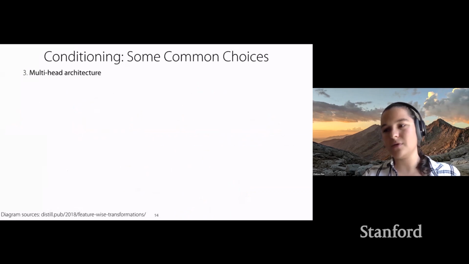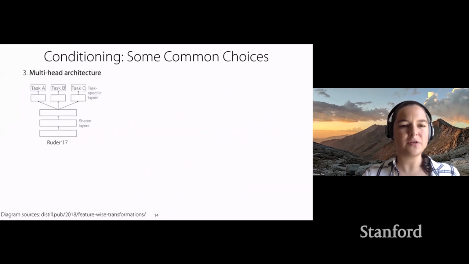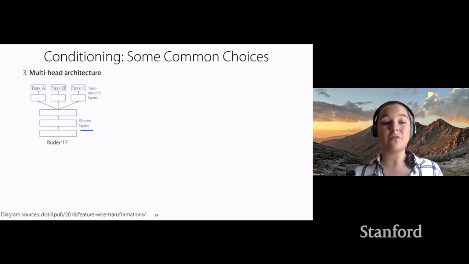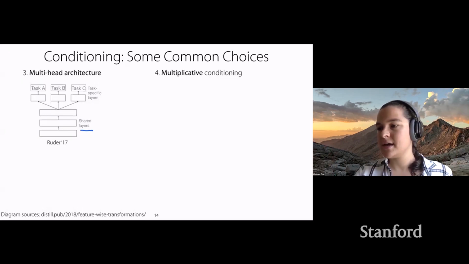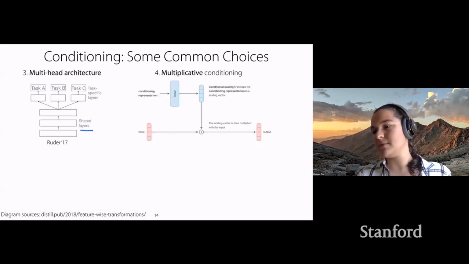There's also a few other architectures. We briefly mentioned a multi-head architecture before, and that is also a common choice, where you have some shared features that produce a shared representation of the input, and then you branch off into task-specific layers. Another choice is to use multiplicative conditioning, which we also talked a bit about before, where you take your ZI, you maybe pass it through a linear layer, or you directly multiply it with the input to produce the output.